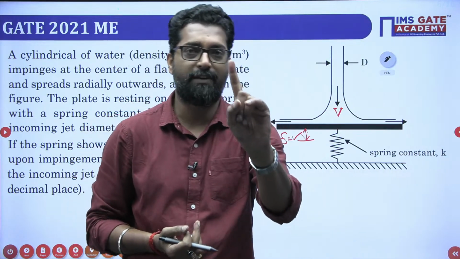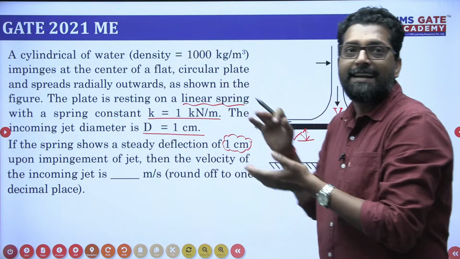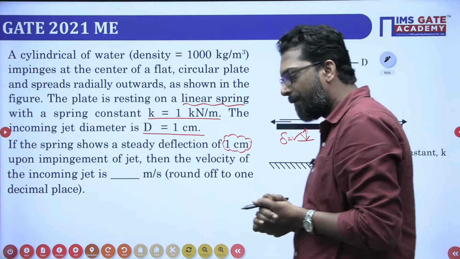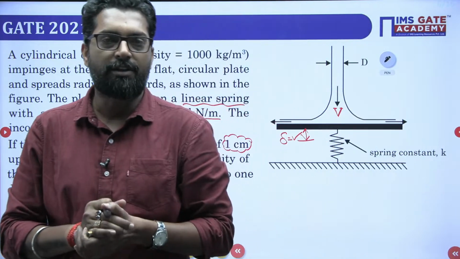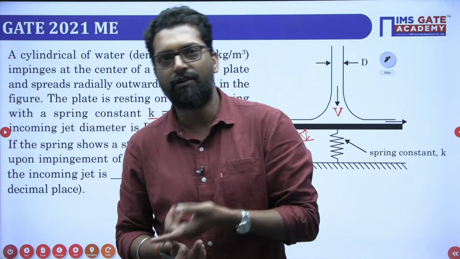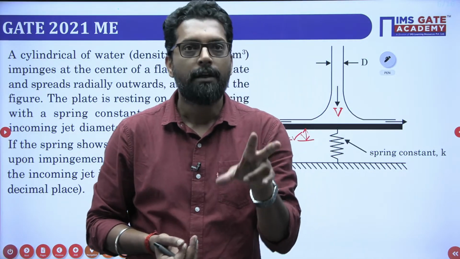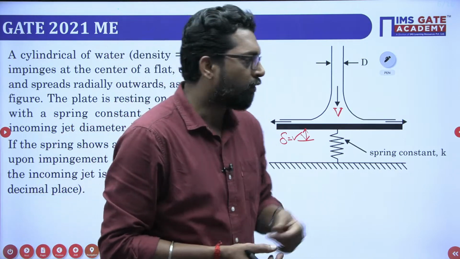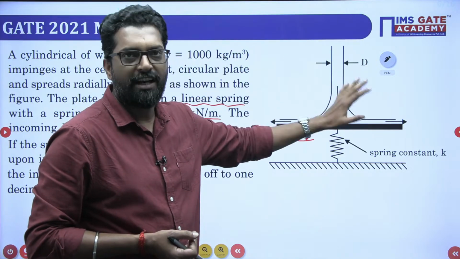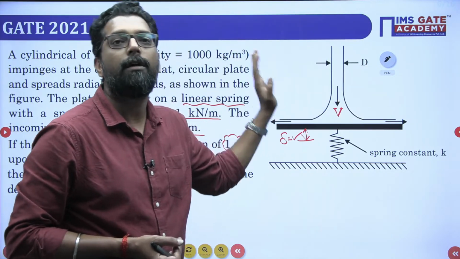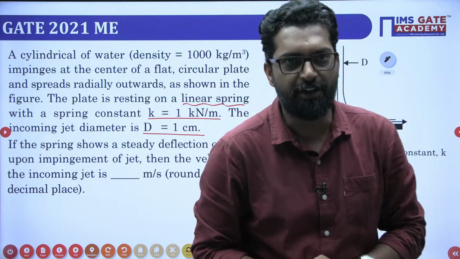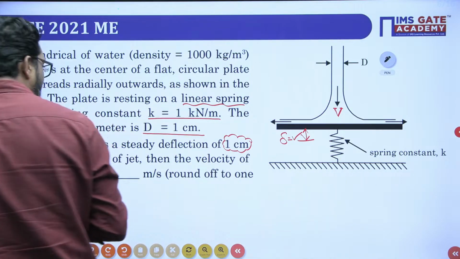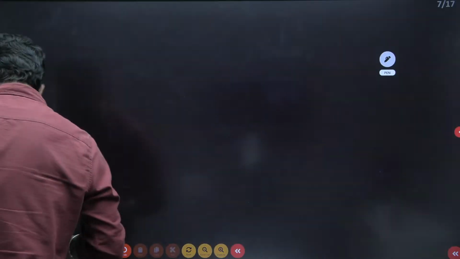First, identify the category of the problem: it is fluid dynamics, where we study conservation of momentum, that is Euler's equation, in kinematics, and conservation of energy in dynamics. This is the impact of jet, that means force, so we use the conservation of momentum principle with a control volume.